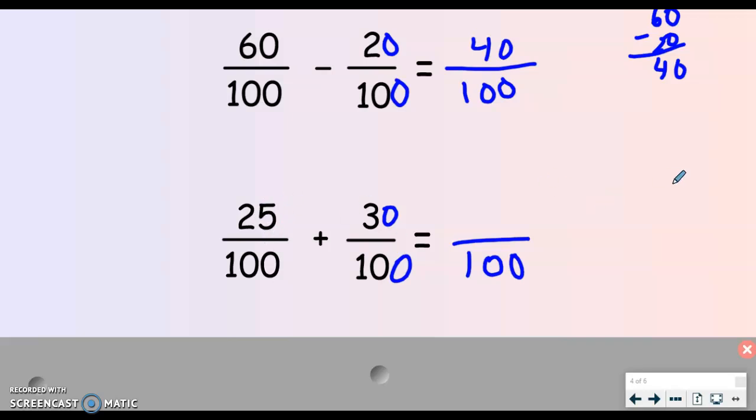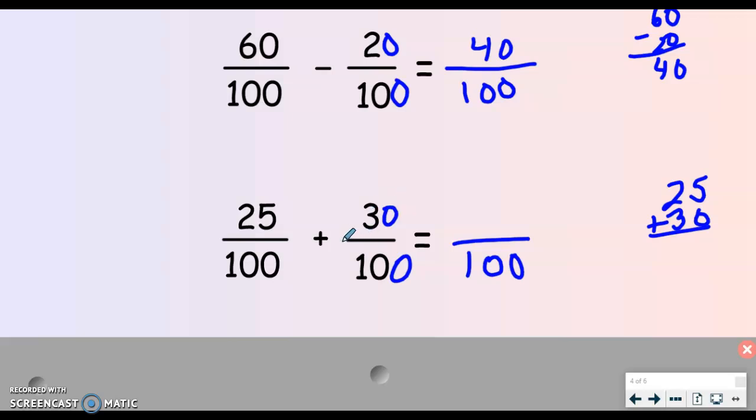And here, okay, I have 25. It's just like what we've done before, right? When we're adding and subtracting, we are really just working with the numerators. It's just the extra step of making the denominators the same. That's all we're doing. Another thing is just making sure that you do change your numerator as well. Don't leave it, because then you'll have a very different number.